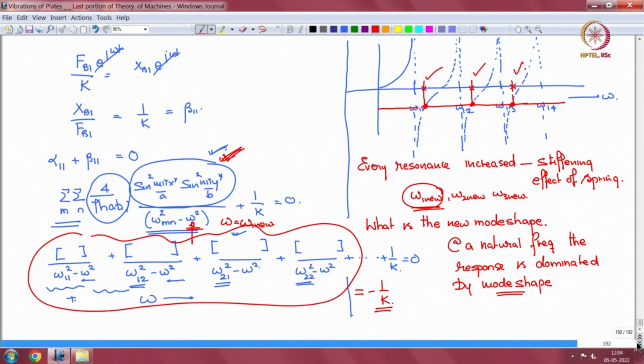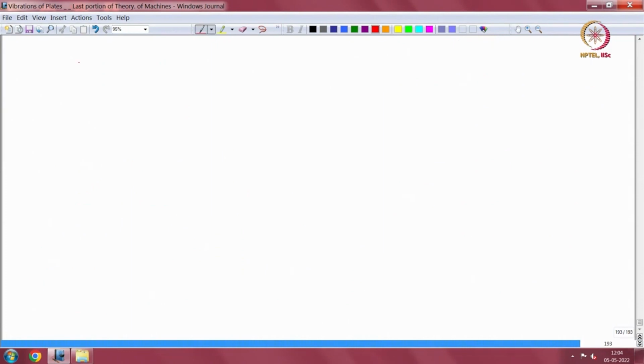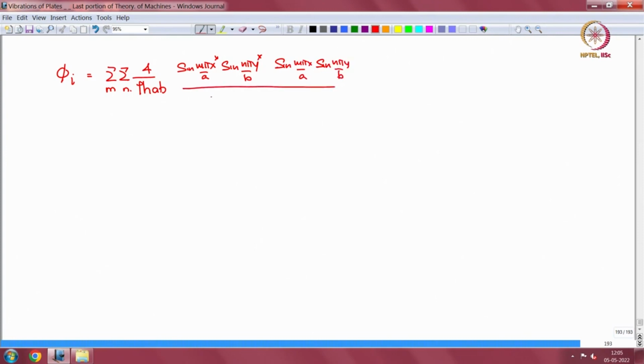So, the mode shapes of the plate that is stiffened by a spring at a point are: double sum over m and n of 4 by rho h a b, sin m pi x star by a, sin n pi y star by b, sin m pi x by a, sin n pi y by b, divided by omega square mn minus omega i new squared, i going from 1 and so on.